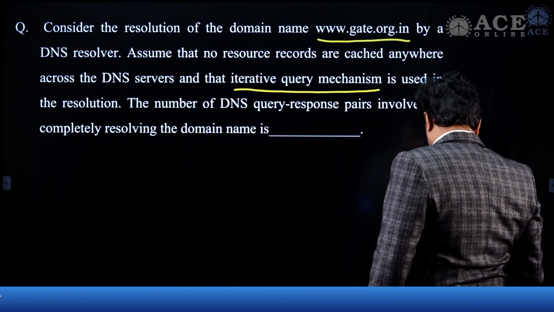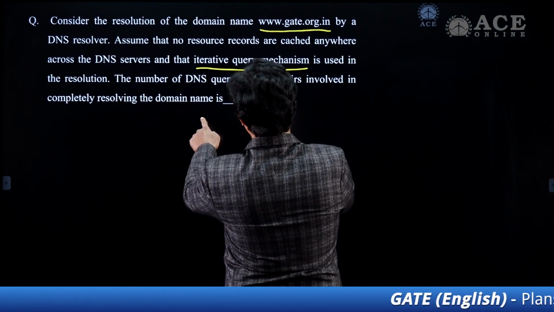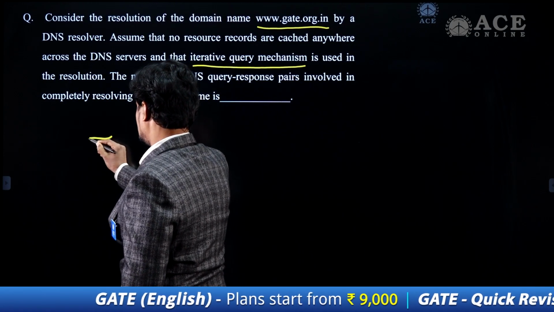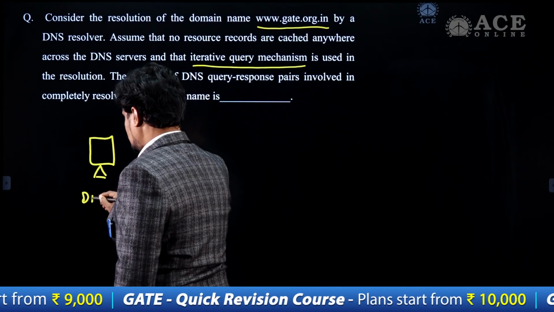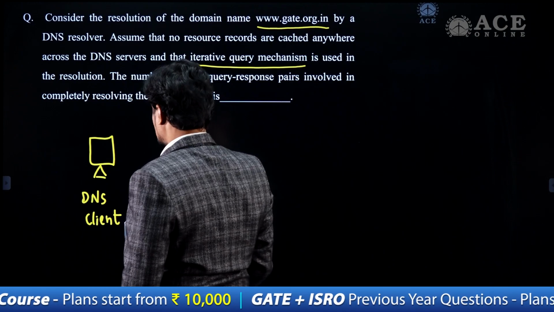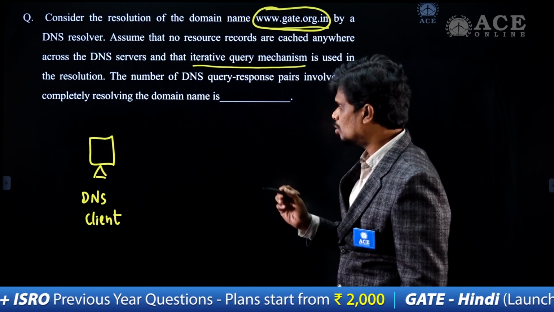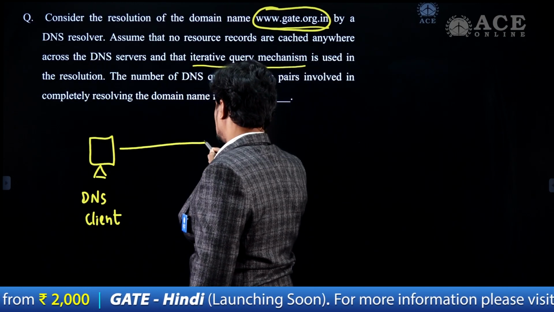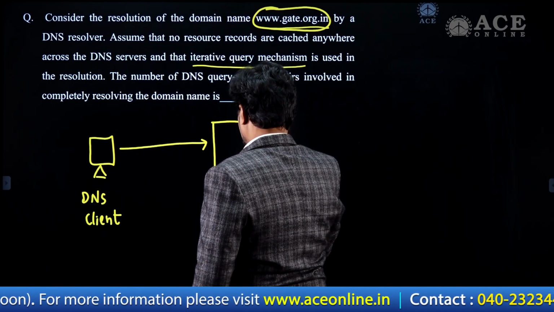So now look, we all know that we have a DNS client like this. Let's suppose this is the DNS client. This DNS client wants to access this particular URL address. When it wants to access this URL address, it sends a request to the local DNS server.